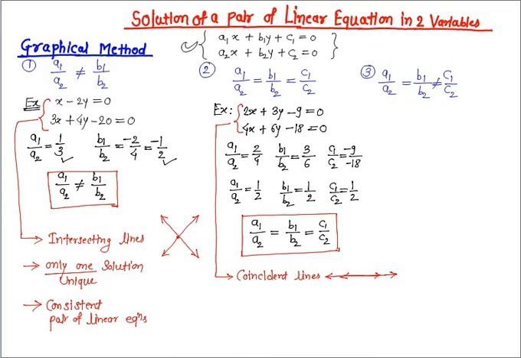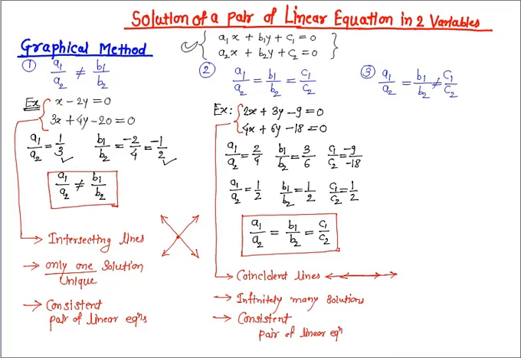If you observe, these two lines are intersecting, or we can say overlapping, at many points. So this kind of equations will have infinitely many solutions. And we know a pair of linear equations which has a solution is called consistent pair of linear equations. So this will also be a consistent pair of linear equations.